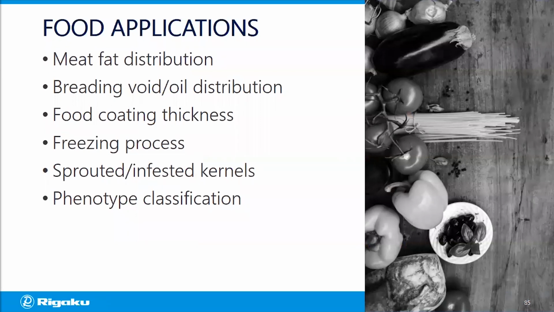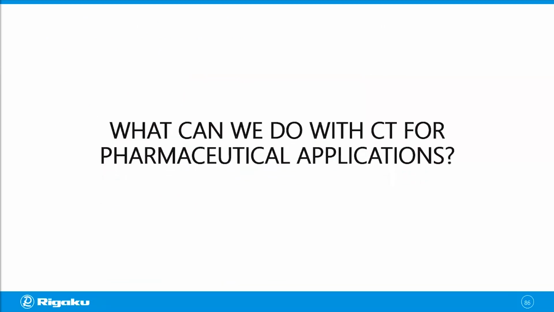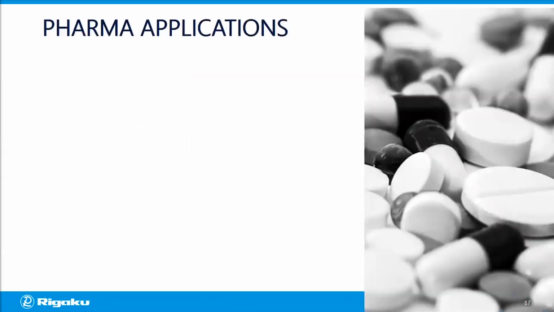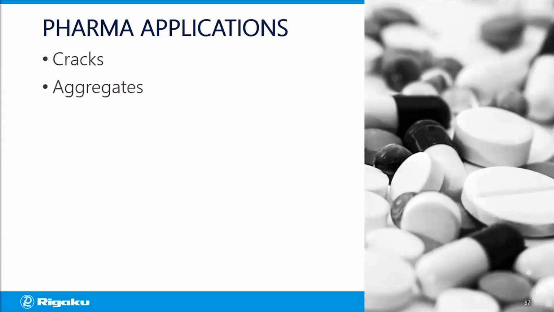Now let's move on to pharmaceutical samples. What can we do with a CT for those samples? The typical applications people use X-ray CT for in the pharmaceutical industry include imaging of cracks, aggregates, or coatings. I guess those are more important than chocolate coating on the pretzel.